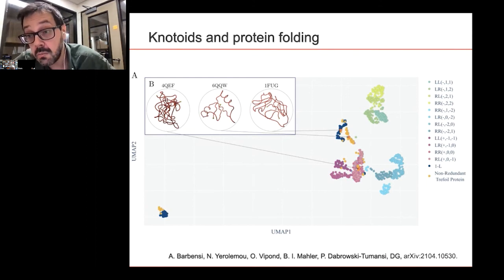And actually, most of the deeply knotted proteins fall here, if not all, which suggests that getting some more complex topology during the folding pathway of deeply knotted proteins is out of the question, at least according to our results.